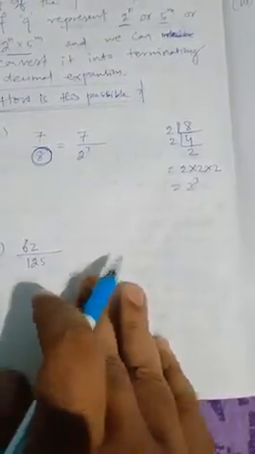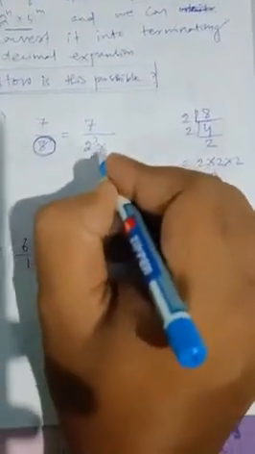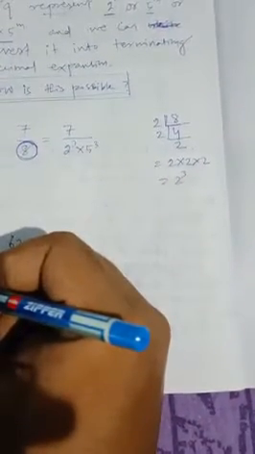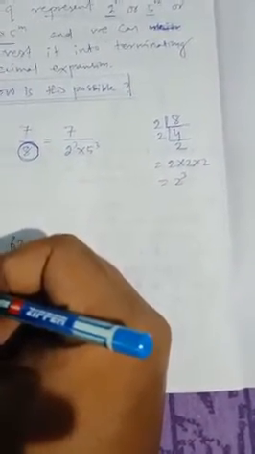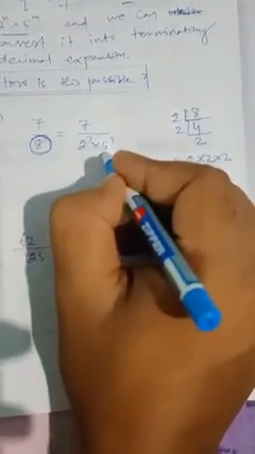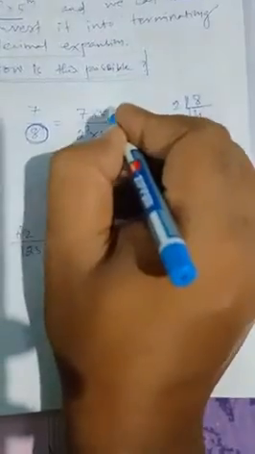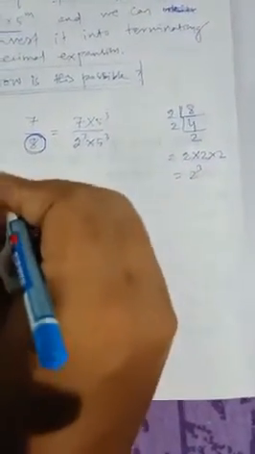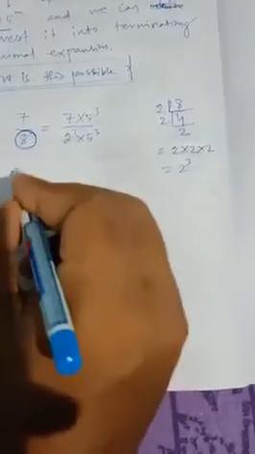So look at here, we will multiply 5 cube. So if we multiply 5 cube to the denominator, also we have to multiply 5 cube to the numerator. Right now, then what will happen now?